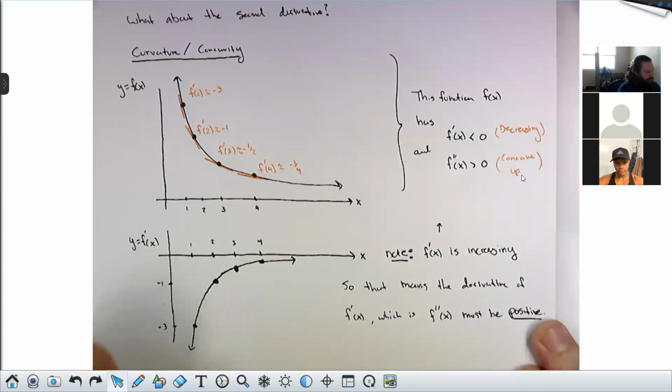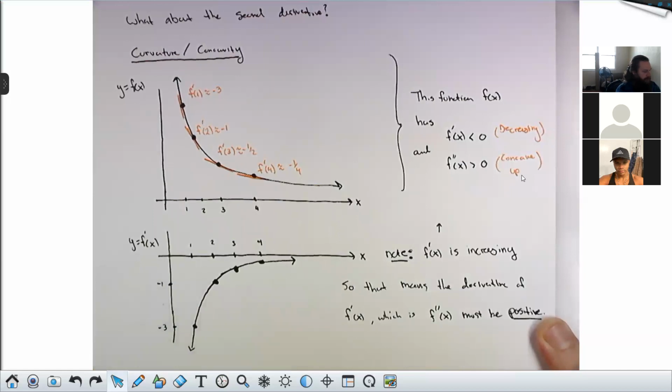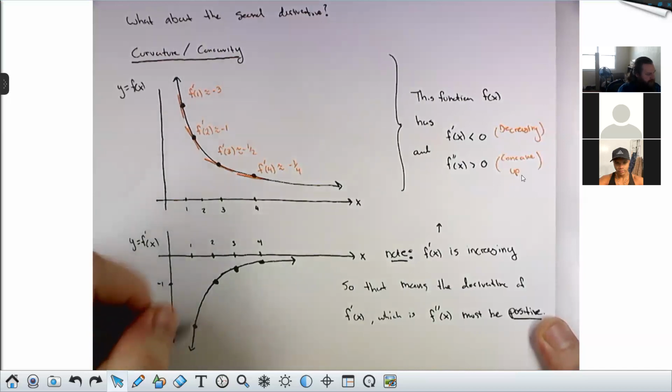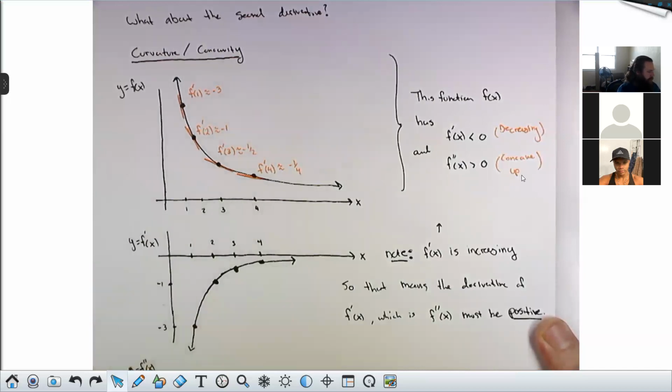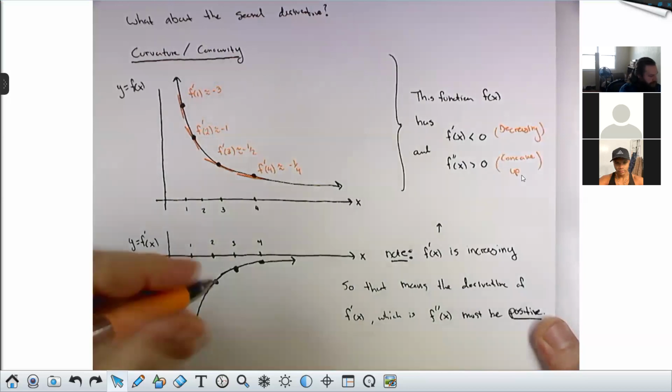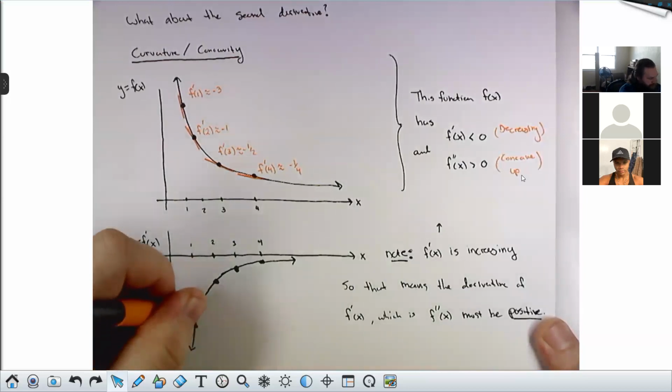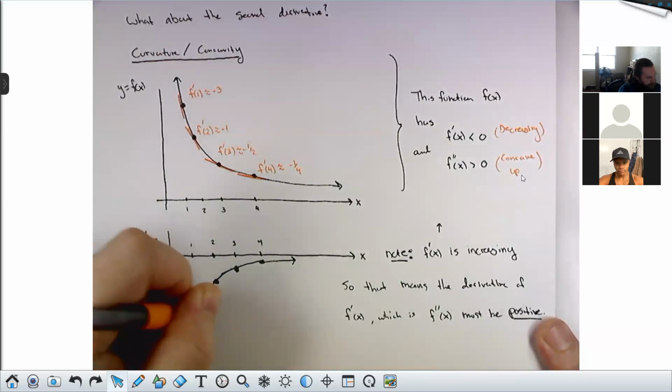If you want to, here's what f double prime's graph would look like here. F double prime's graph is actually going to look a lot like the original graph f of x. The tangent line here is positive. So I'd say f double prime of 1 is like 2.